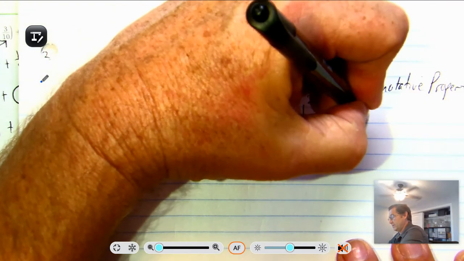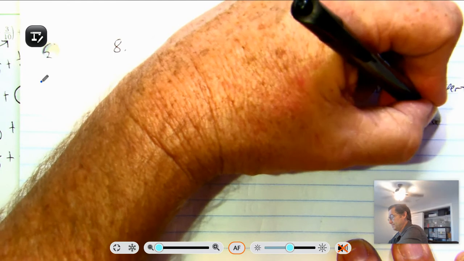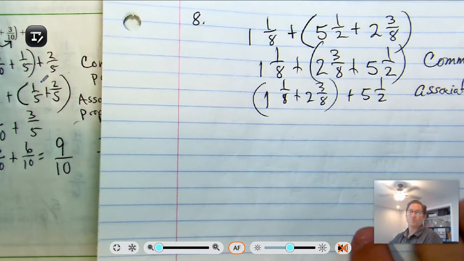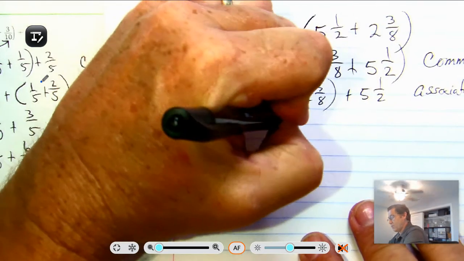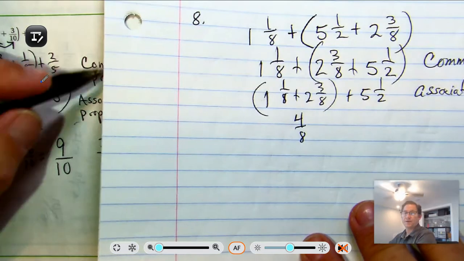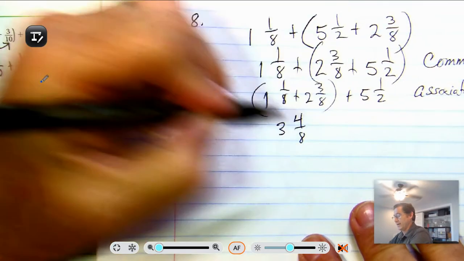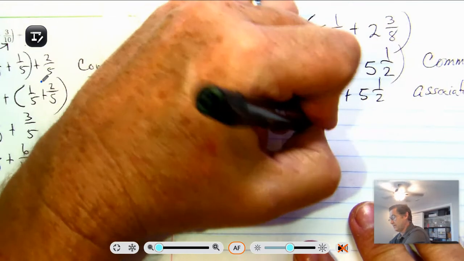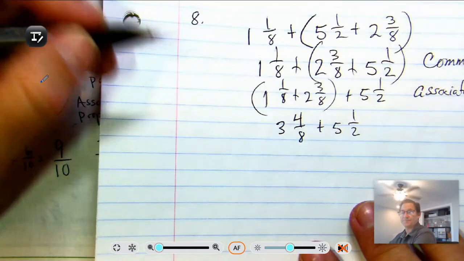So that's the associative property. All right, so 1/8 plus 3/8, that's 4/8. 1 plus 2 is 3. So 3 4/8 plus 5 1/2.